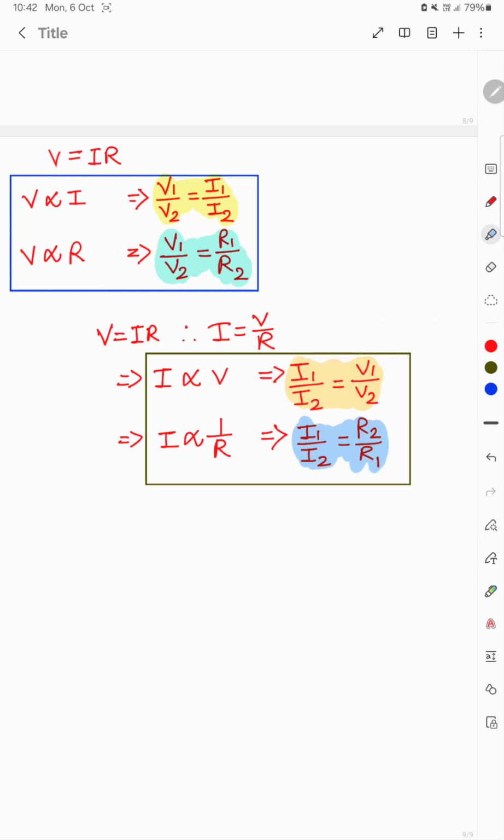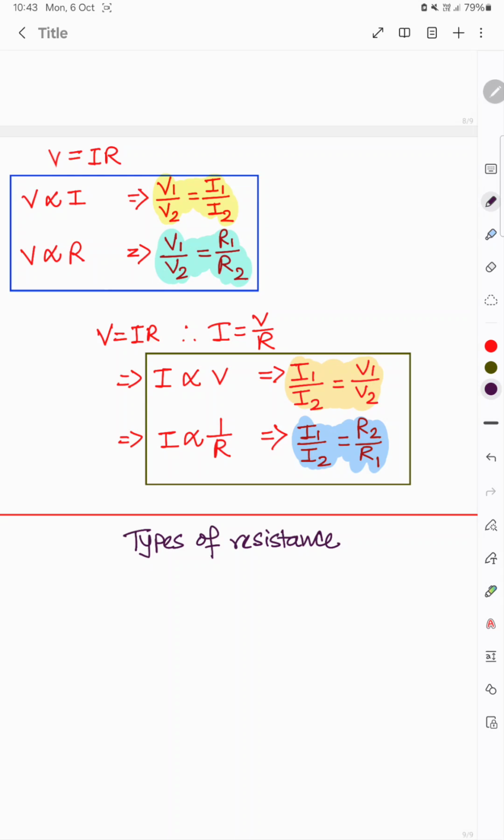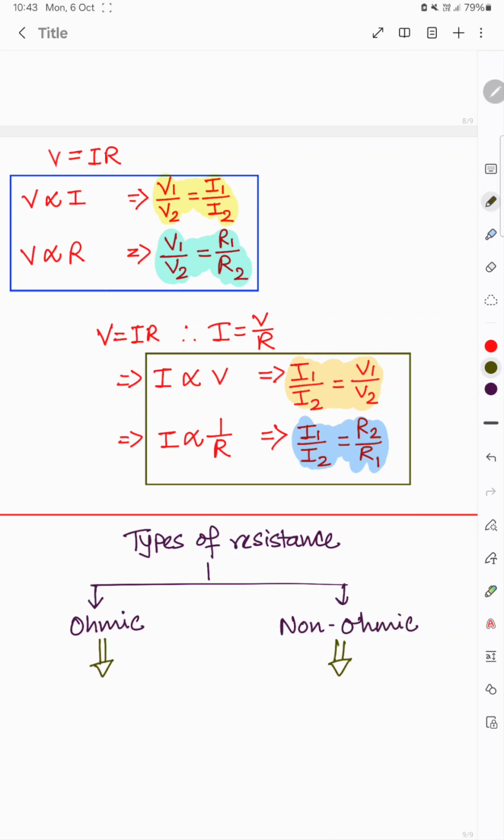Now you can take a screenshot, and if you have any doubt, let me know. Now there are two types of resistance. One is ohmic resistance, another is non-ohmic resistance. Ohmic resistances are those which follow Ohm's law, and non-ohmic resistance means it does not follow Ohm's law.